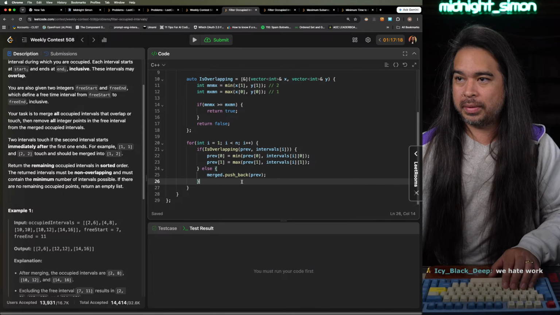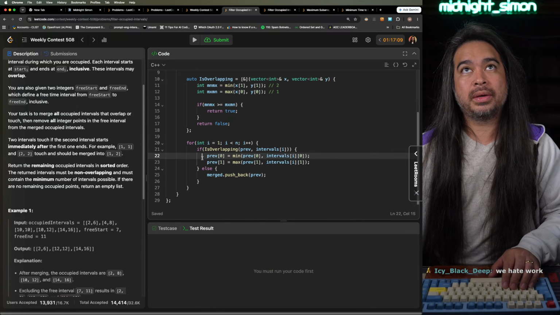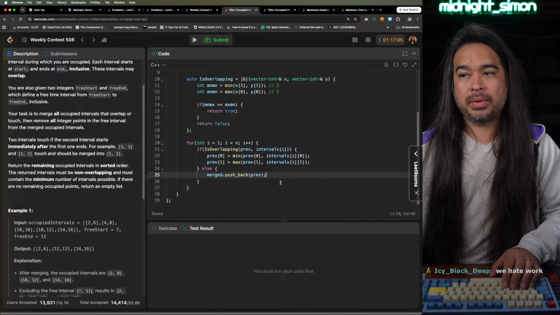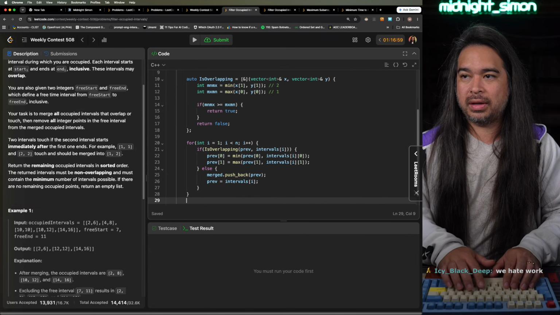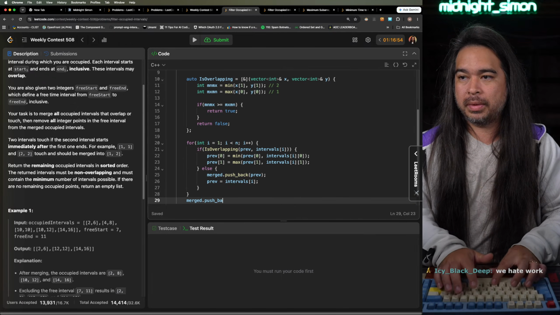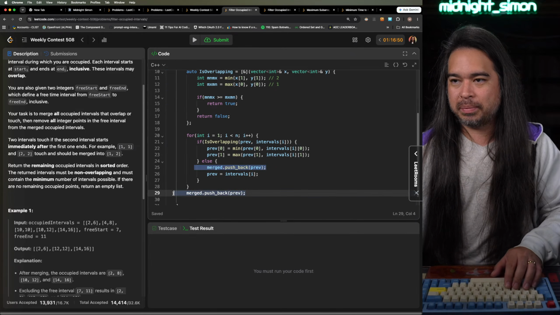And then what? So if they're overlapping, merge, and if they don't overlap, push the previous back, and then the previous becomes the current. Yes, and then here, I guess we gotta push a little post-processing and push that last one in.